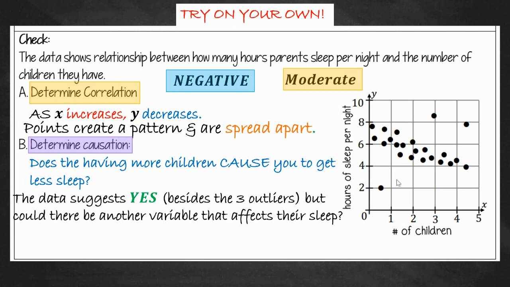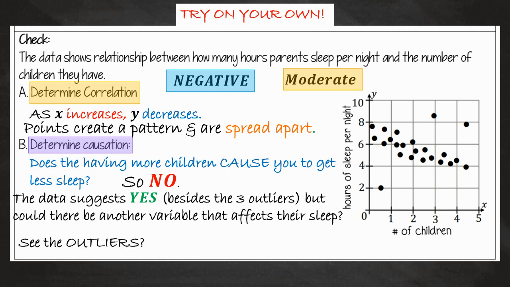Yes, the data suggests that they are correlated, but could there be another variable affecting the parent's sleep? There are many different variables that could affect their sleep. Where they live, do they have dogs, how much do they work? Because other things could be affecting their sleep, they do not have a cause and effect relationship. So again, this is not a causal relationship, even though it is correlated.